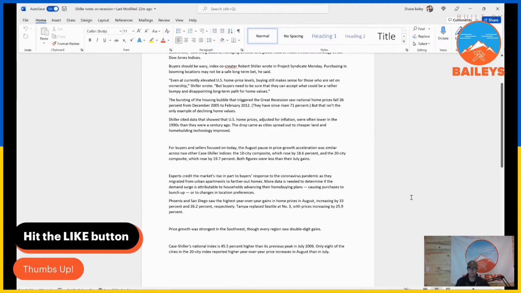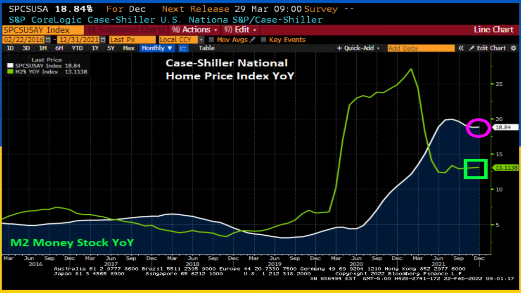So again, what this report was saying is buyers should be wary. Robert Shiller wrote in Project Syndicate on Monday, purchasing in booming locations may not be a safe long-term bet. So even at currently elevated U.S. home price levels, buying still makes sense for those who are set on ownership.